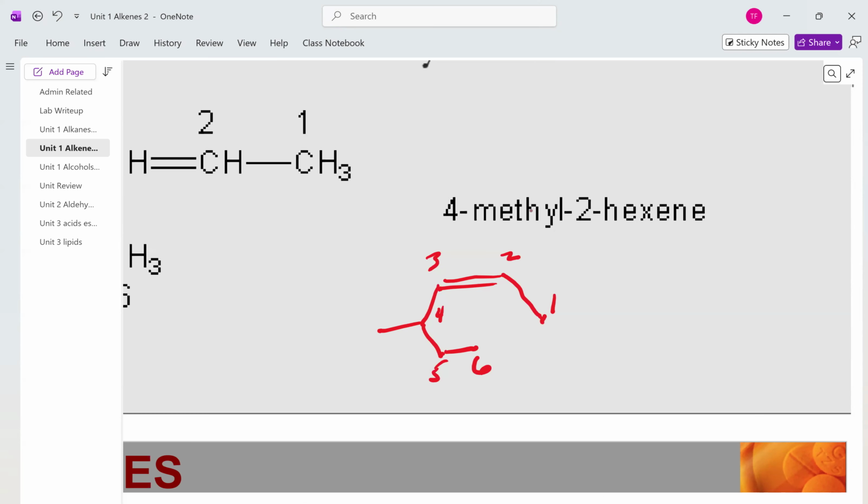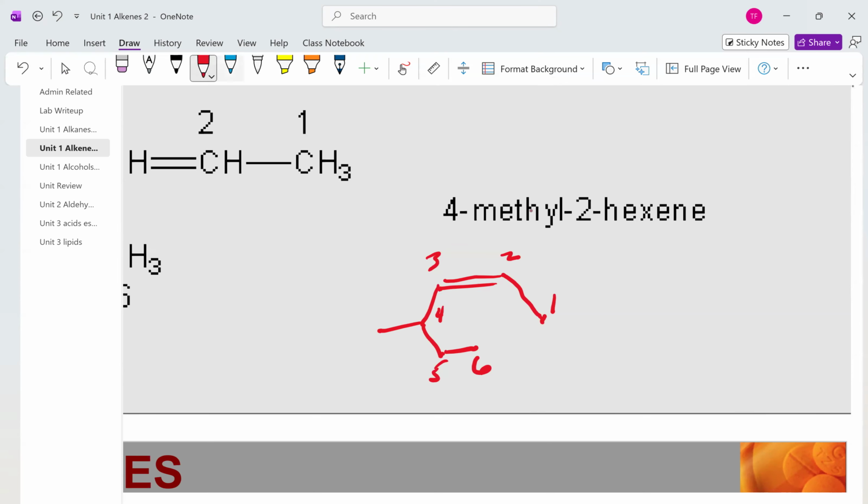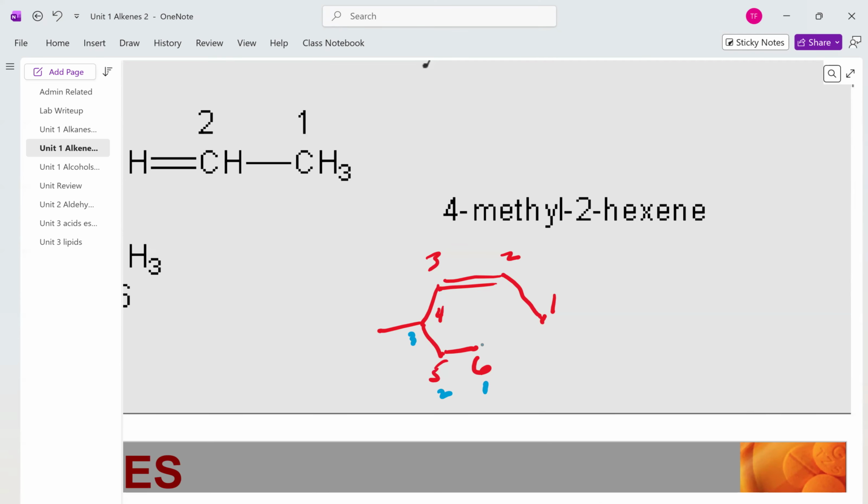And if we numbered from left to right, the beginning of the double bond is going to be a higher number. So let's do that in blue. So using the red numbering, the first double bond starts at carbon number 2. In the blue, it's carbon number 4. So we're going to use the red numbering.